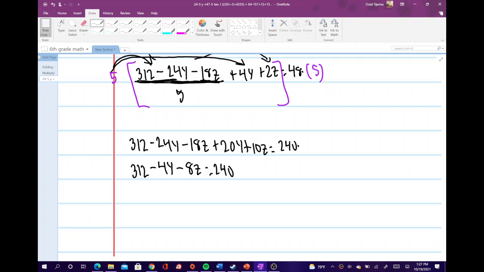The way that I got that was negative 24y plus 20y, and then negative 18z plus 10z. You can always rearrange it so that the variables are next to each other, if that's how you like to do it. But if you can do it in your head, that's great.